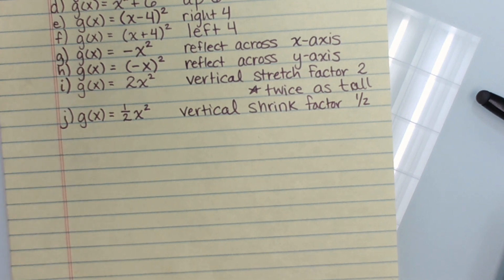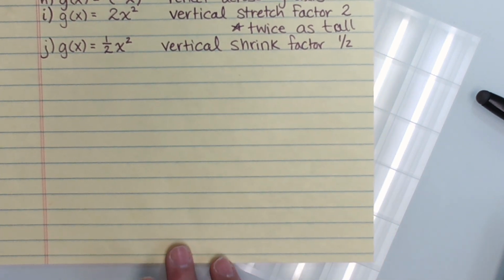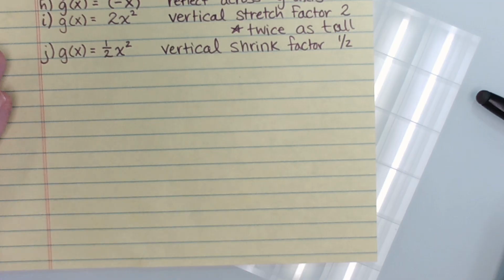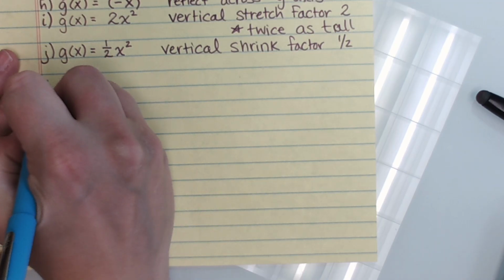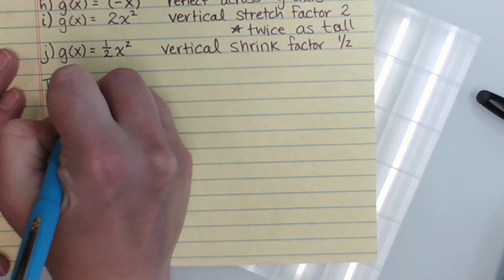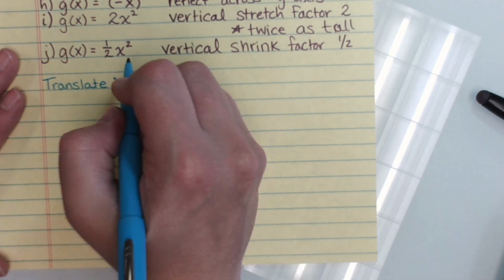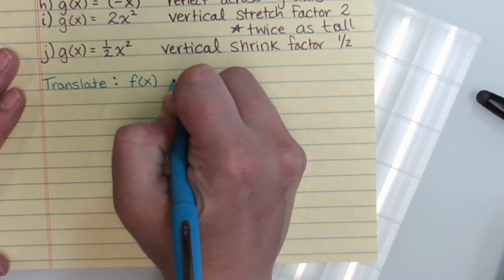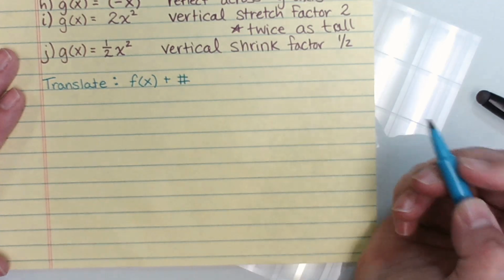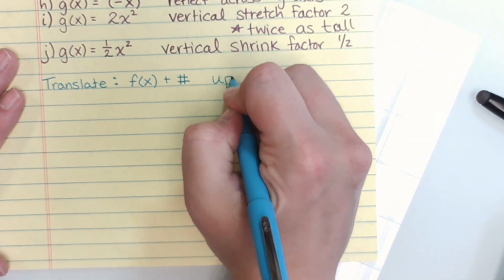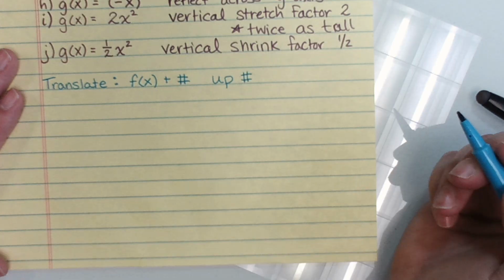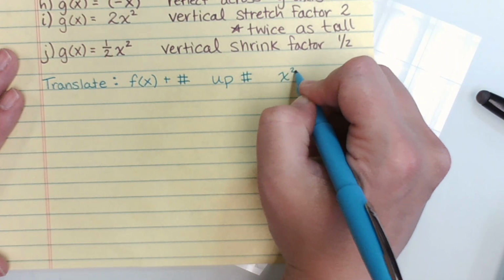So, key things that we're supposed to get out of this through exploring with our calculator. Talking about your translations. If you take f of x and add a number to it, it's going to go up by that number, similar to x squared plus 1.